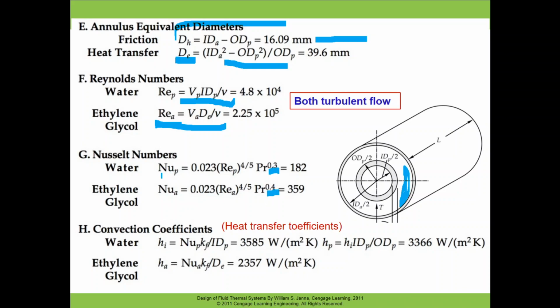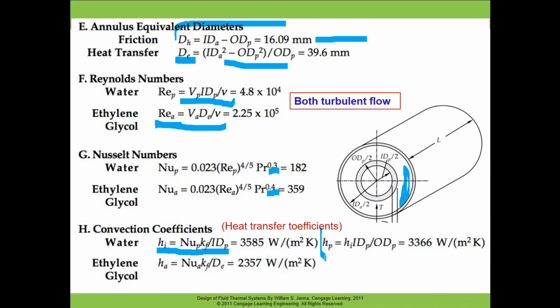So we calculate the Nusselt number for both, and with the help of the Nusselt number, using the relationship between the Nusselt number and heat transfer coefficient, we can find the heat transfer coefficient HI.